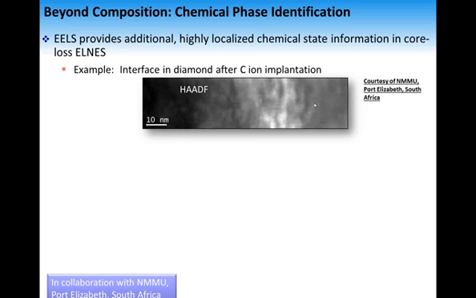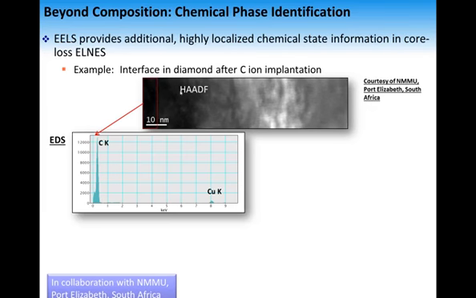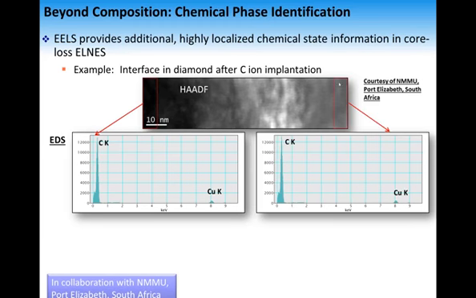So basically, the diamond is amorphized to amorphous carbon. If you take an EDS spectrum from the diamond, here we see the carbon K line, we see copper. Again, if we take it from the amorphous carbon, right here on the right-hand side, we see carbon K again and copper. So we can't really distinguish the two phases.